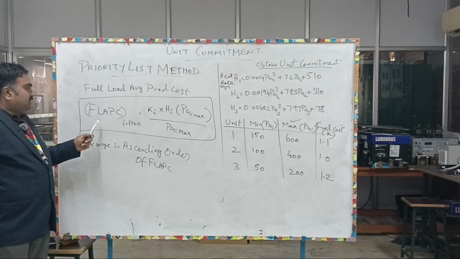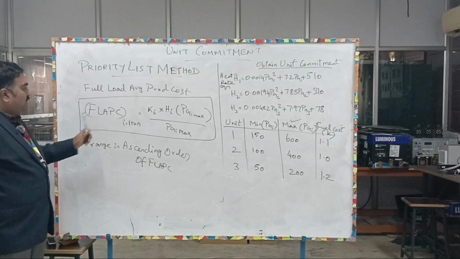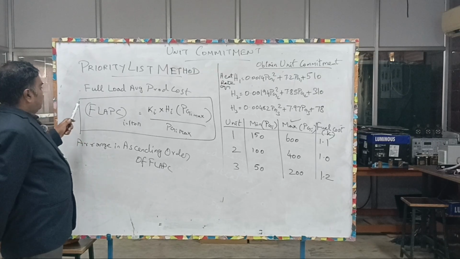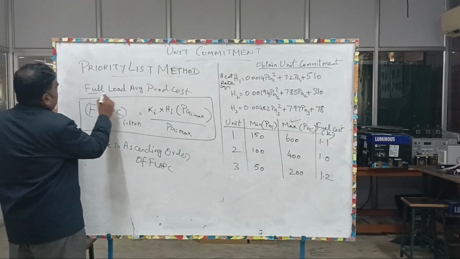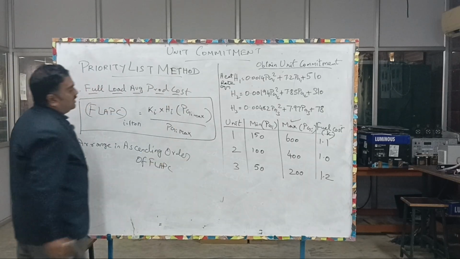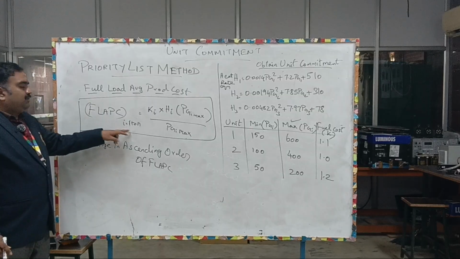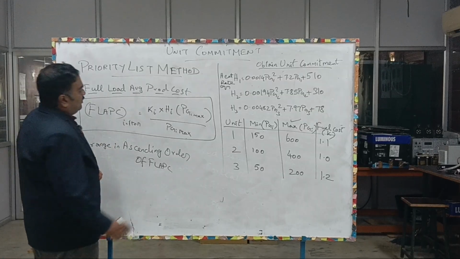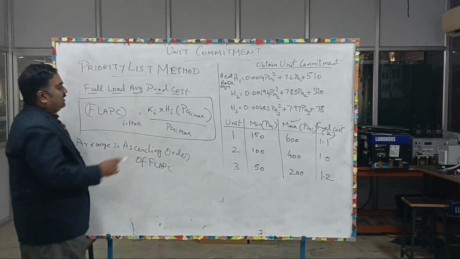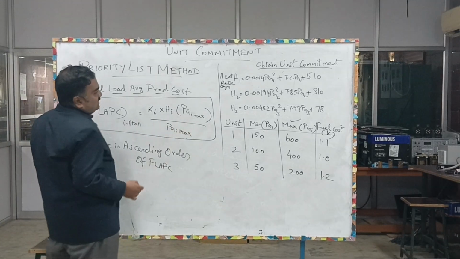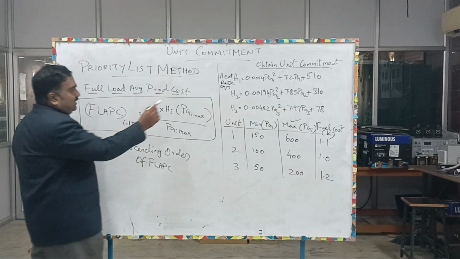So, again, you might have 1 to nth generator. Out of this you have to find the full load average production cost for each generator i to n. Using the formula, Ki stands for the fuel cost of the ith generator, and Hi of PGi max means you have to substitute in the heat rate equation for that particular generator.